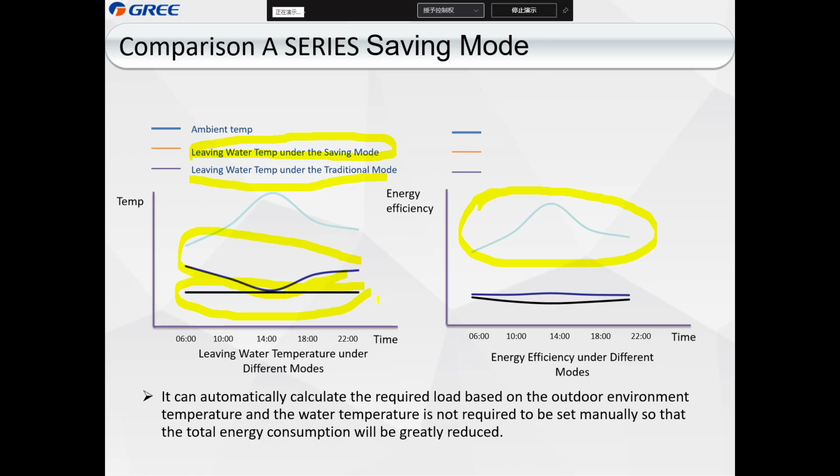For example, for the D and E series, the default design standard outlet temperature is 7 degrees and inlet is 12. Outlet is 7 degrees. This is not changed.